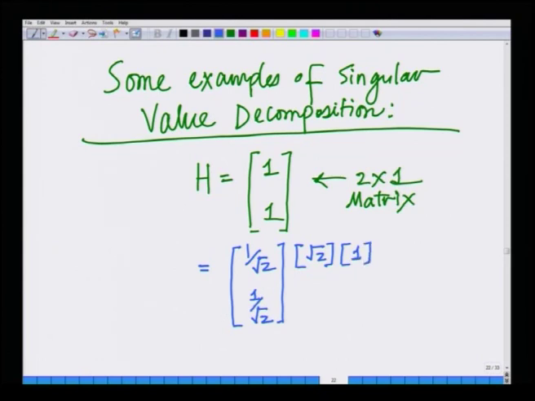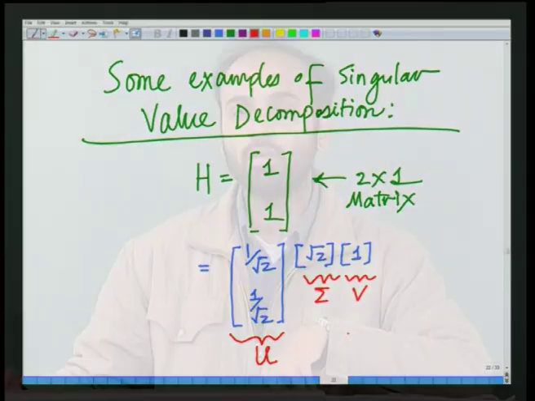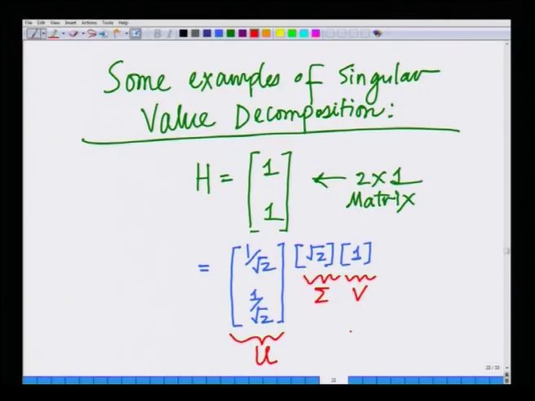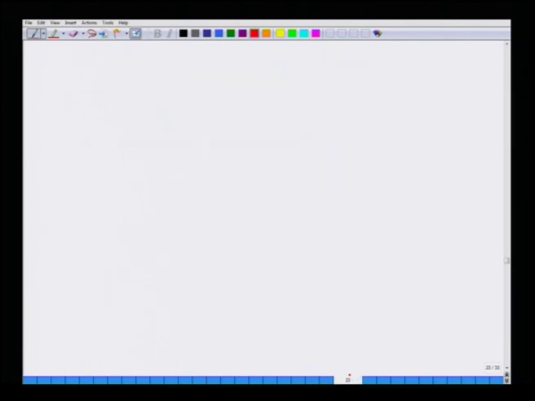Alright. Now, I claim this is my matrix U, this is my matrix sigma, this is my matrix V. Now, why does this satisfy orthonormality?